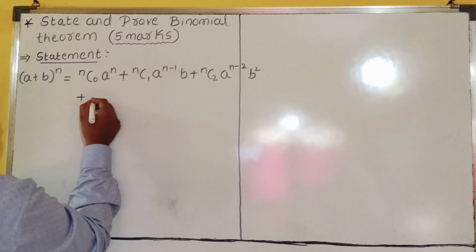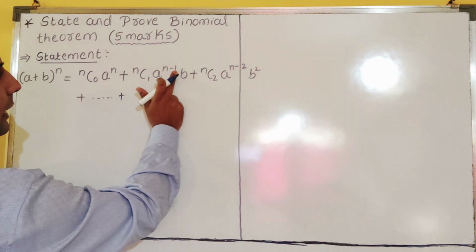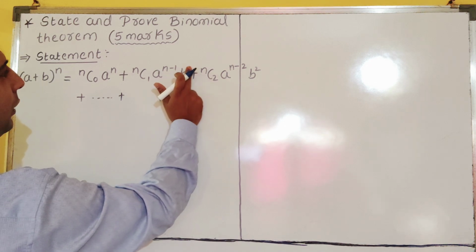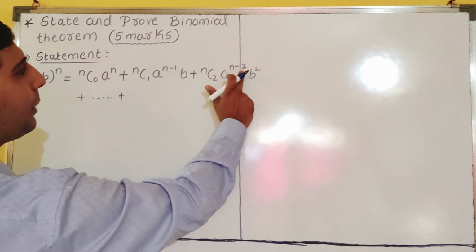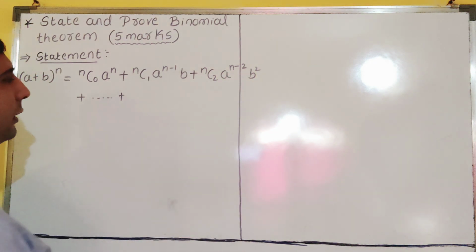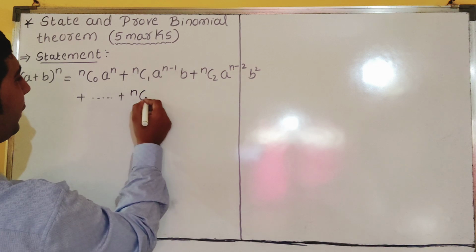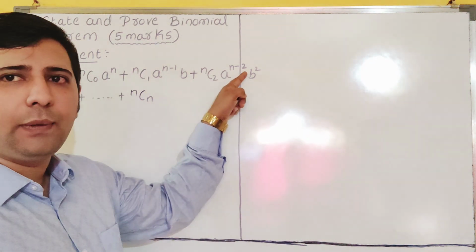So on you can continue up to where? What number is coming? The same number will come here, dear students. If you are putting 1 here, b raised to 1. You see here 2, you are putting 2 only, n minus 2 and b square has come. So similarly nCn is there. nCn a raised to n minus n it will become.